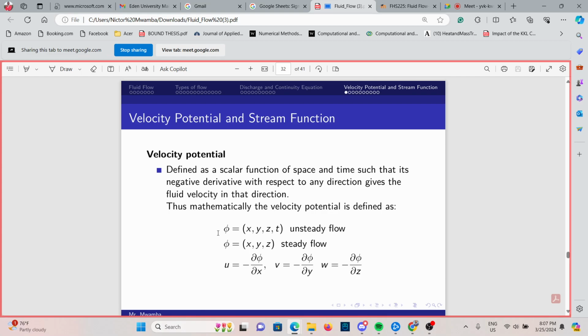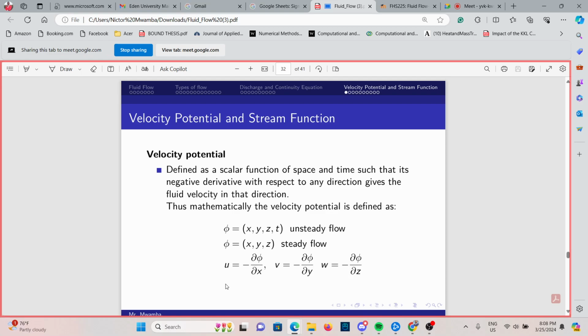So the velocity potential, for example, for an unsteady three-dimensional fluid flow, remember unsteady, it has to depend on what? The flow variables have to depend on what? On time. For steady flow, the flow variables don't depend on time, they only depend on space. If you're given a velocity potential like this, you can determine the velocity components depending on the derivative that you've decided to differentiate the velocity potential with.